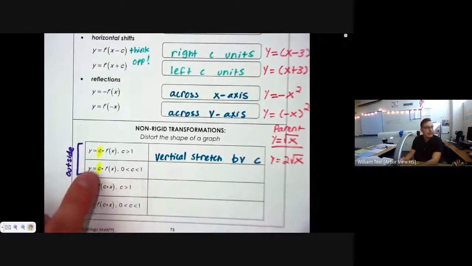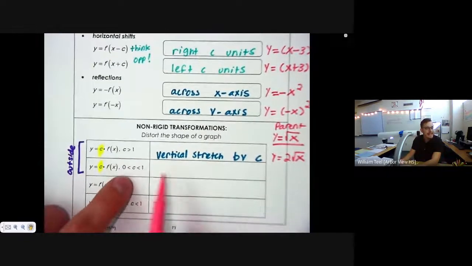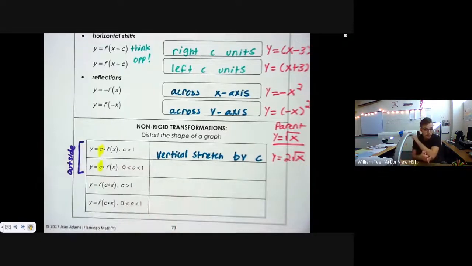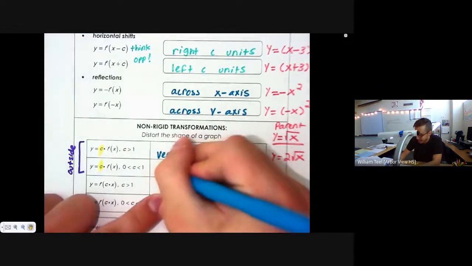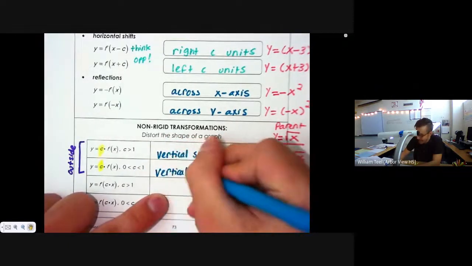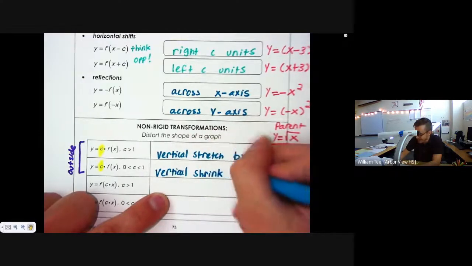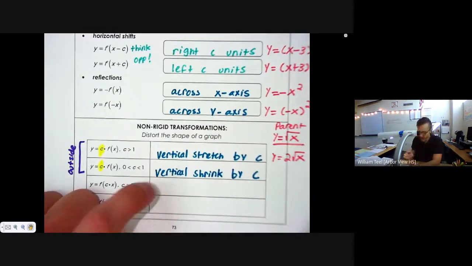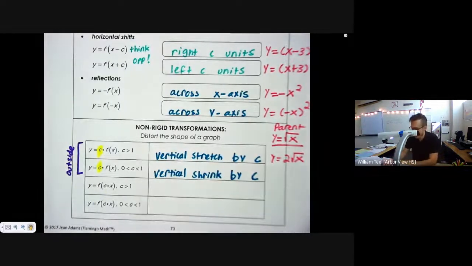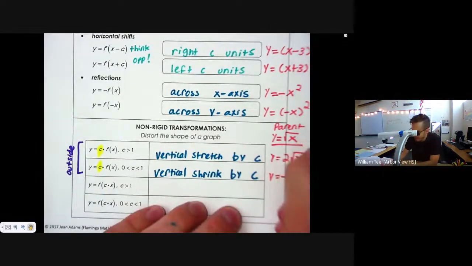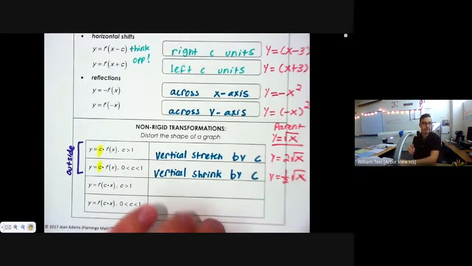Now, if I have y equals c times f of x, and c is between 0 and 1, that tells us that we are making a vertical shrink by c. So if that number is a fraction, we're making a vertical shrink by c. An example of this would be y equals 1/2 times the square root of x.